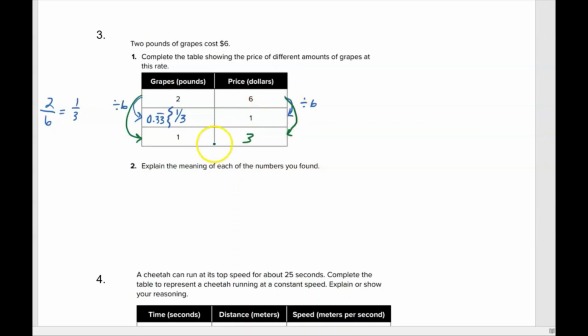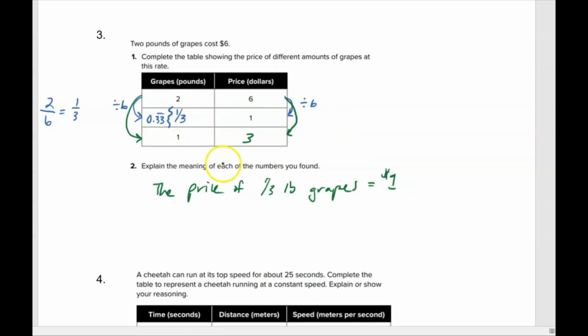Okay? So number 2 says explain the meaning of each number you found. Okay, well, the first one that I found, 1/3, that represents the price of a 1/3 pound of grapes is $1.